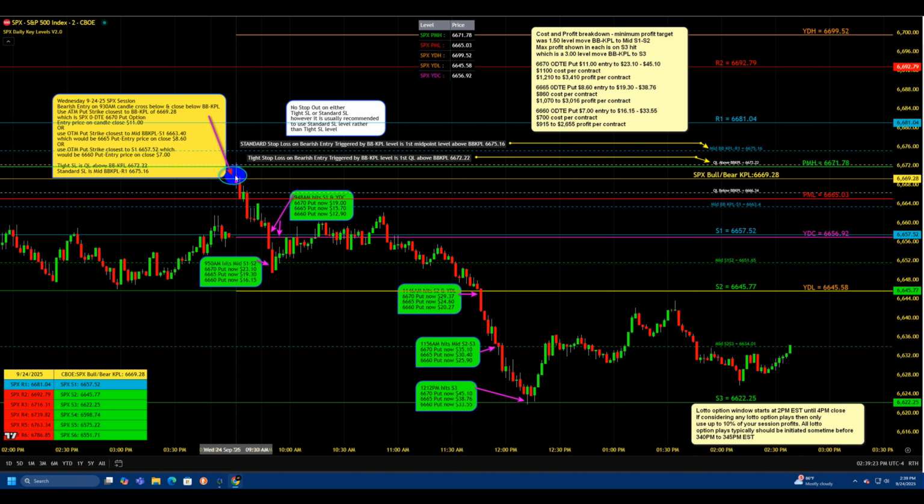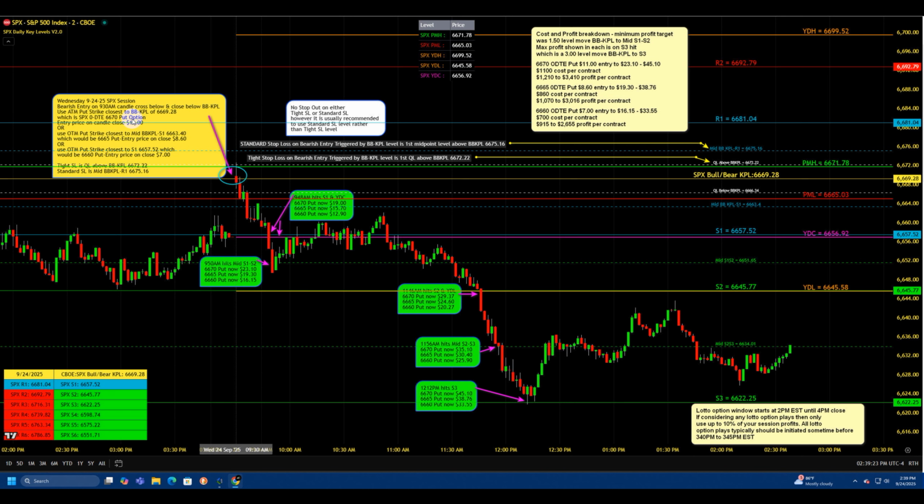As you can see here, the wick extended above the pre-market high as well as the QL above the BBKPL, but ended up closing below after creating a wick below as well. So that is your bearish signal here.